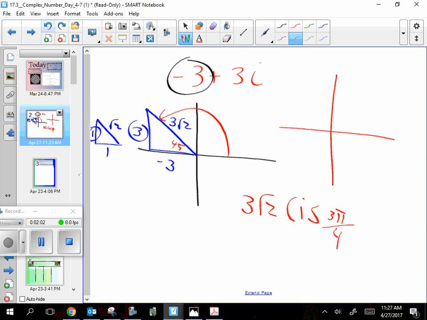Okay, excellent. Now, one little note, and something that I haven't talked to you about much: once we go past pi here, when you're doing this unit, complex numbers, sadly, another little set of rules kick in. Do you remember when we were doing inverse trig?